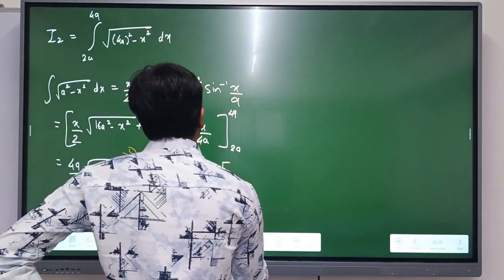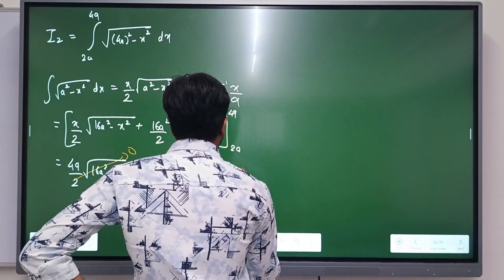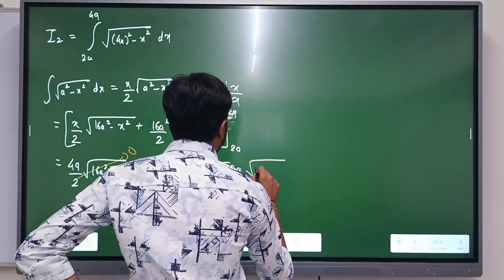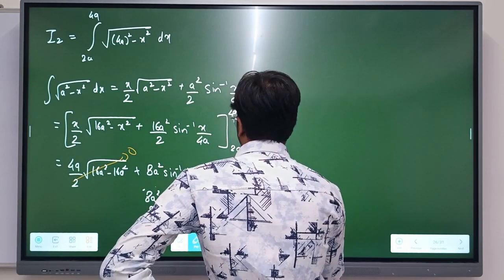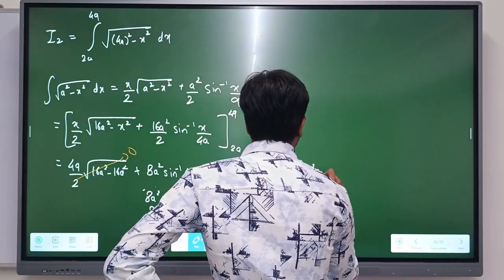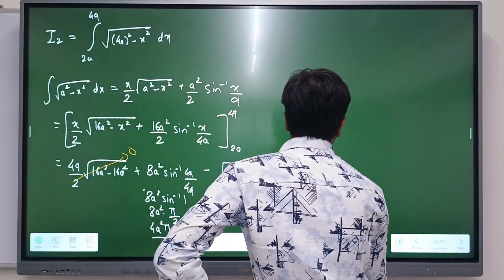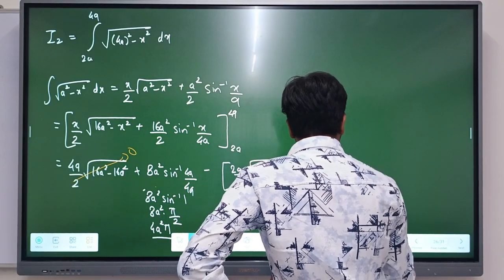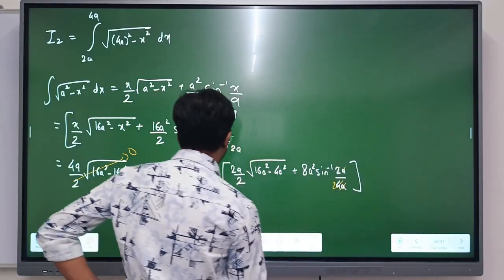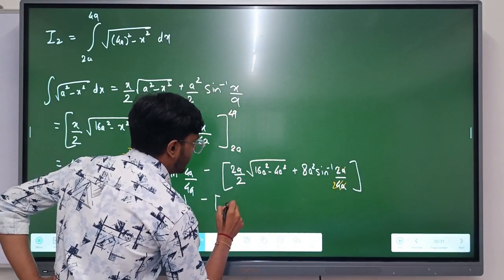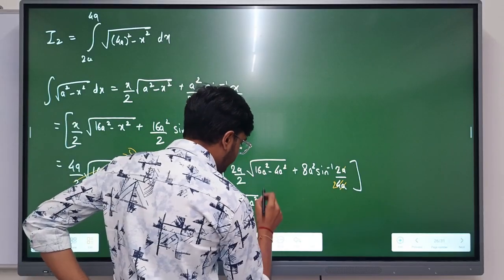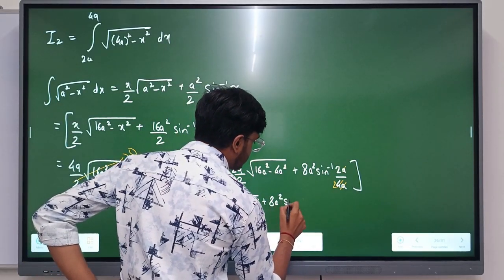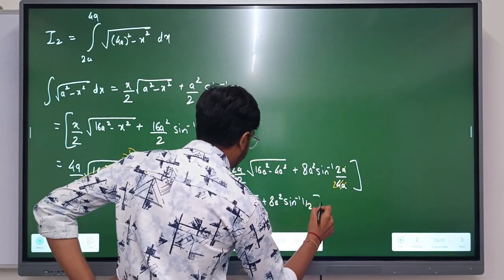Minus lower limit. What is the lower limit? 2a. So if I substitute 2a by 2 root over 16a square minus 4a square plus 8a square sine inverse of 2a by 4a. This becomes 1 by 2. So minus of a root 12a square plus 8a square sine inverse 1 by 2.